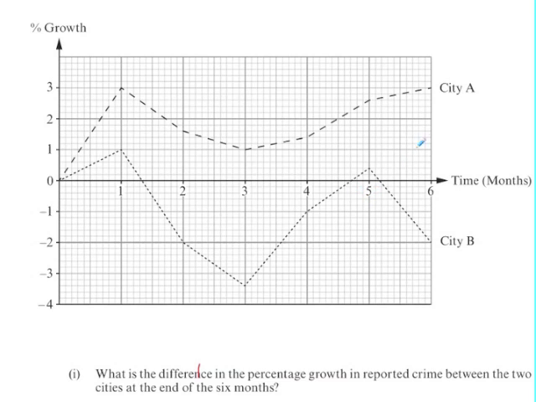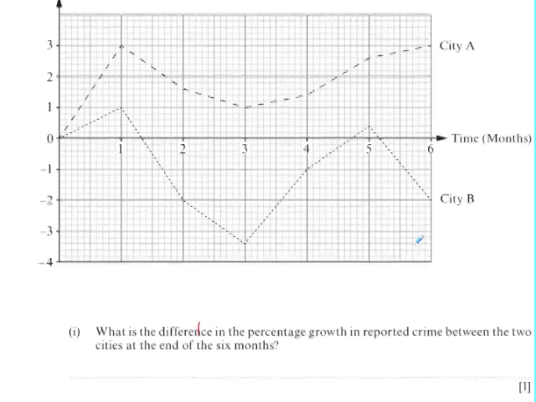So at the end of 6 months, there's a positive growth of 3% in crime for City A, whilst if we look at City B, there's been a fall in the growth of crime of 2%. So let's write this down.